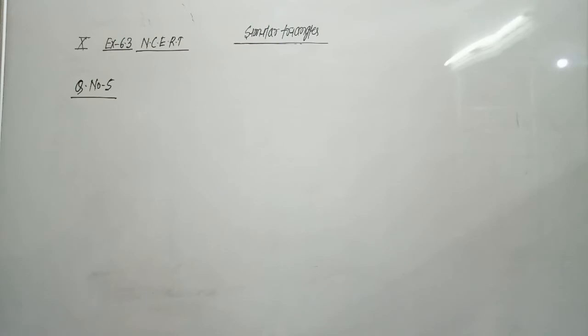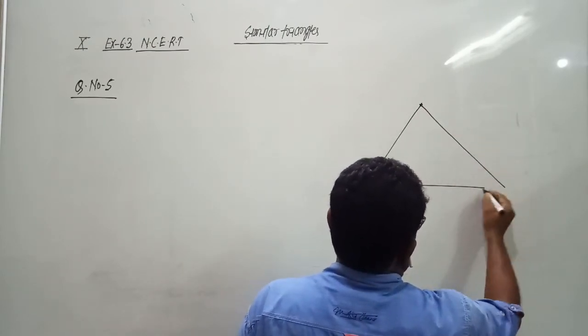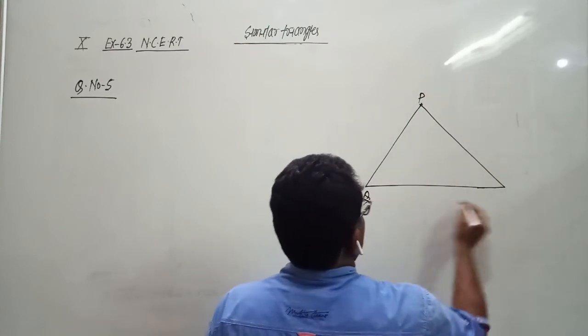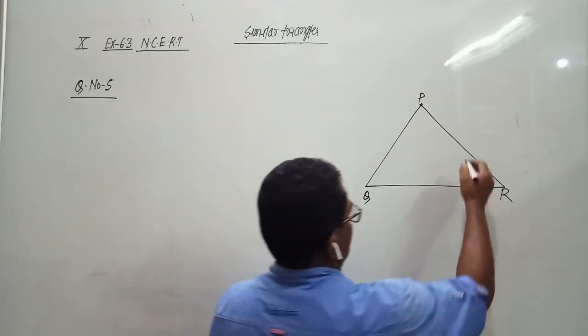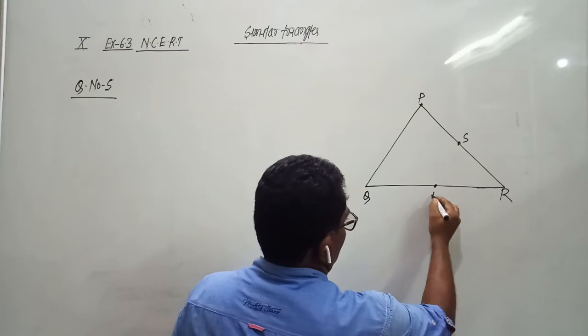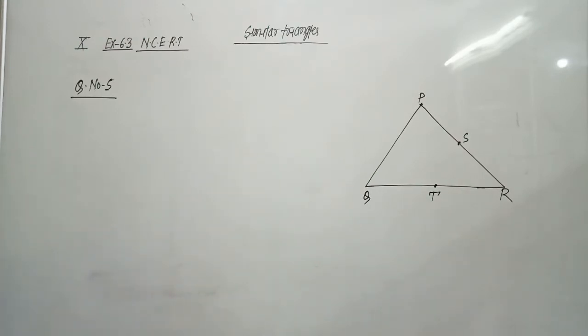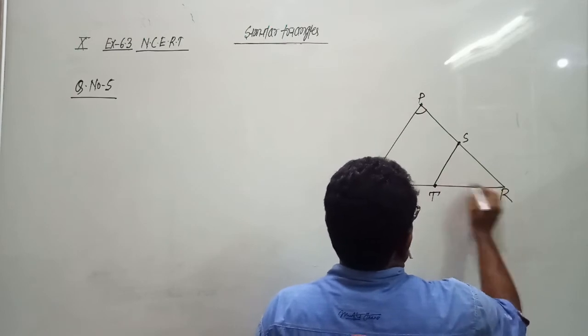There is a triangle PQR. S is the point on side PR and T is the point on side QR, such that angle P equals angle RTS.